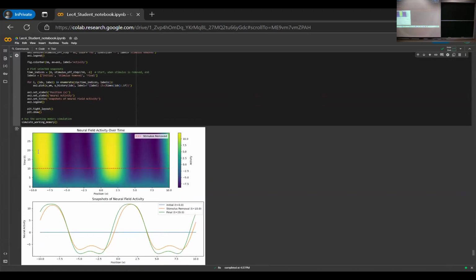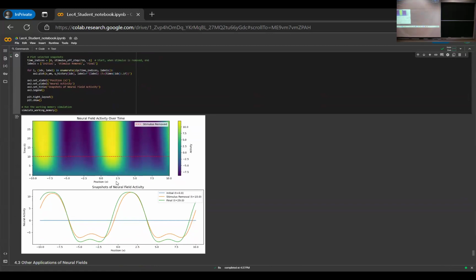There we go. Okay. So here, the blue is our neural field in the initial condition, and we add a stimulus about midway through. If we remove the stimulus again, the pattern still remains.